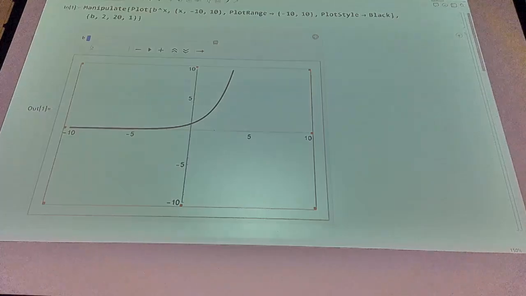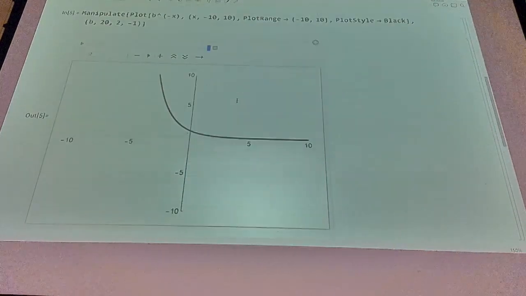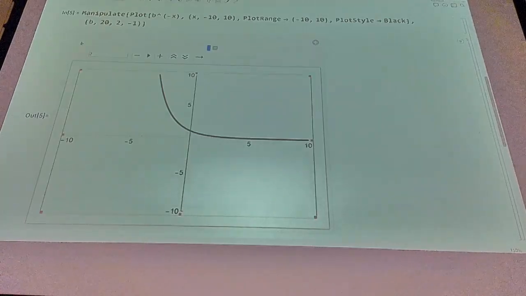When it's less than 1, as x approaches infinity, y approaches 0. When it's greater, they both approach infinity, or go to infinity. That is certainly true.